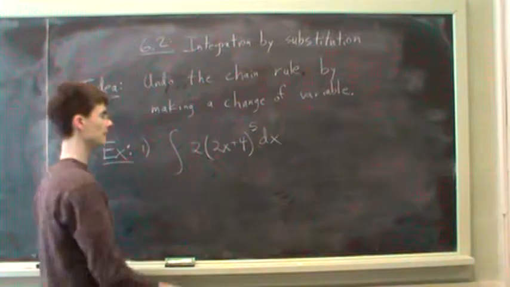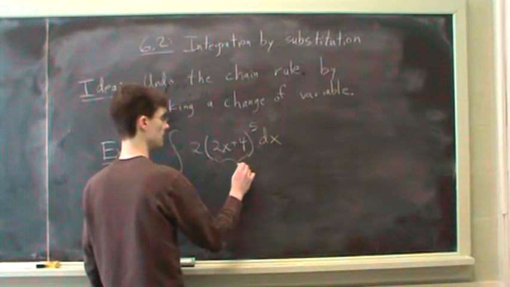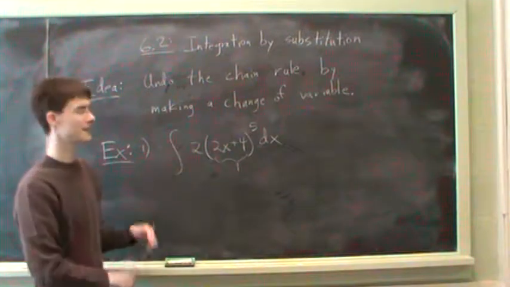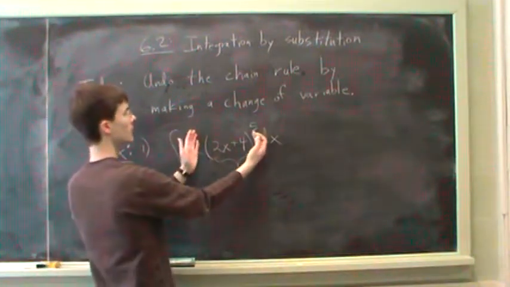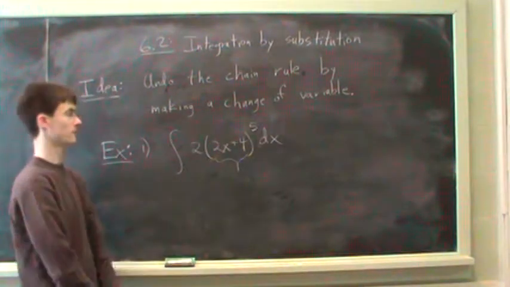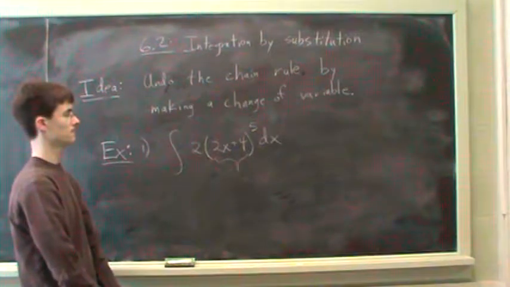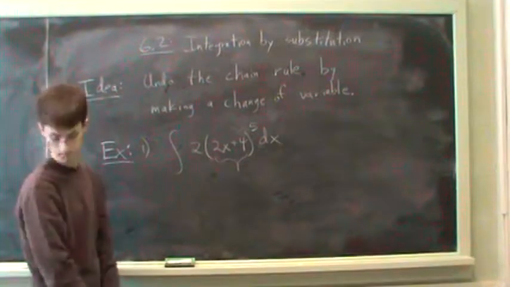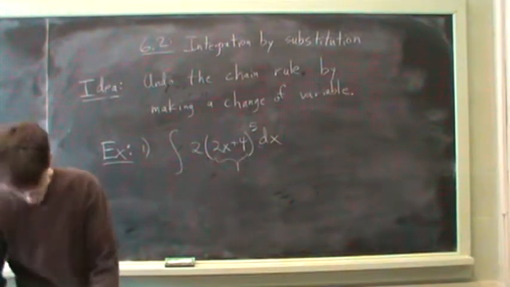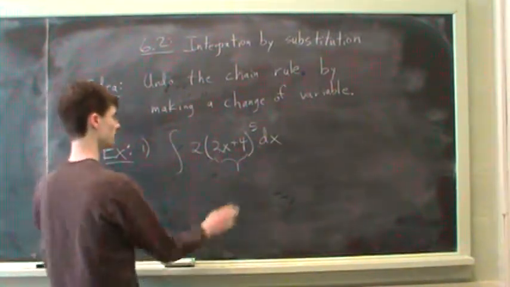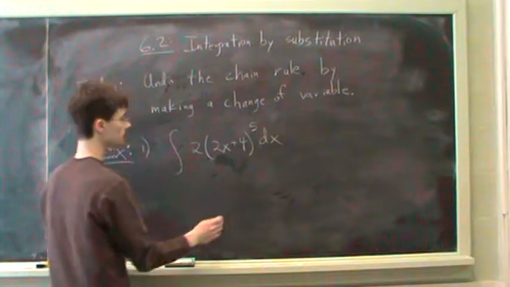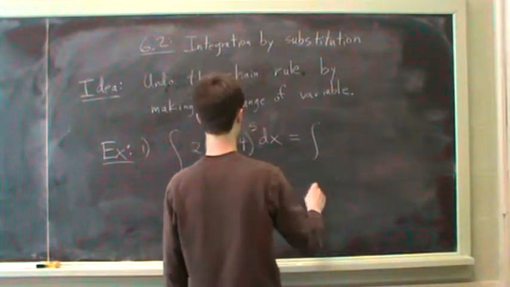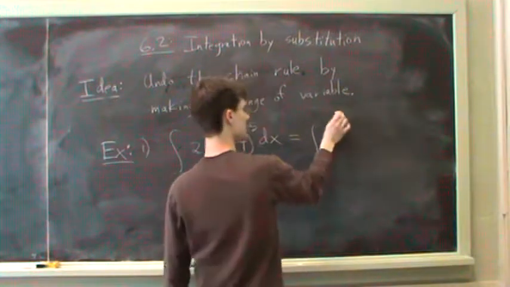Okay, so the idea here is you want to say that the answer is going to look like 2x plus 4 to some power. Okay, so what we do, I'm going to write this a slightly different way.